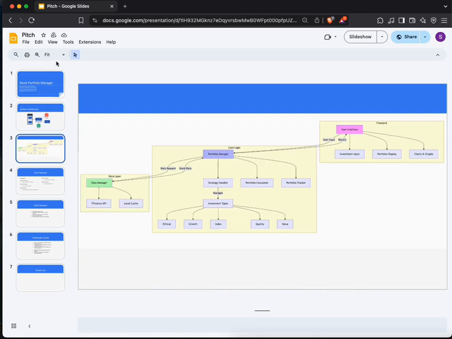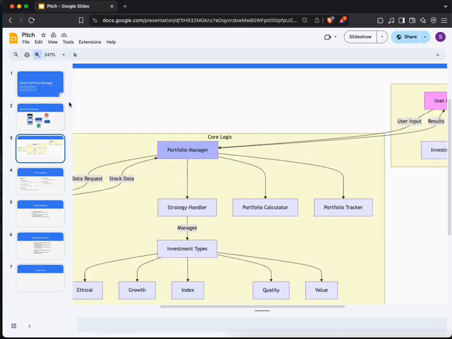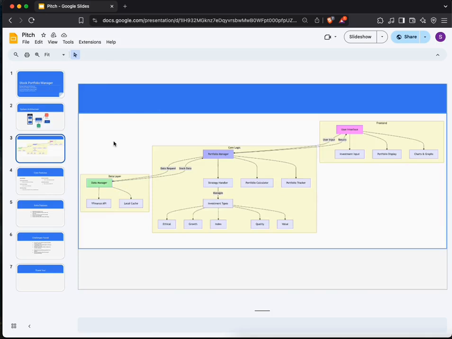Next is detailed system flow. This diagram gives a closer look at how the system is structured. On the left, the data layer is managed by the data manager, which interacts with the Y-Finance API and optionally caches results for performance. The core logic in the center handles the main calculations. It includes the portfolio manager, a strategy handler, a portfolio calculator, and a portfolio tracker.